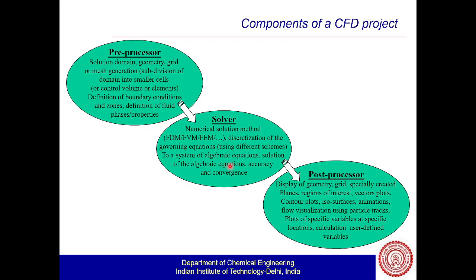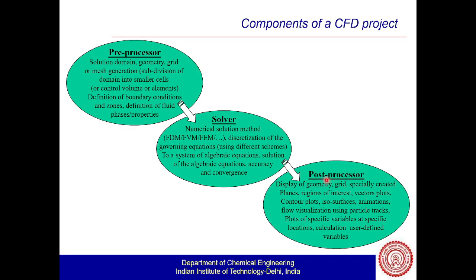B is a source matrix and A is a coefficient matrix, which I'm going to discuss in a later class. It is okay if you are unable to get it now. Then the solution of the equations, and the accuracy and convergence, are the things we are going to look at. Since we solve these matrix equations in an iterative manner, we have to look into the accuracy and the convergence of it.